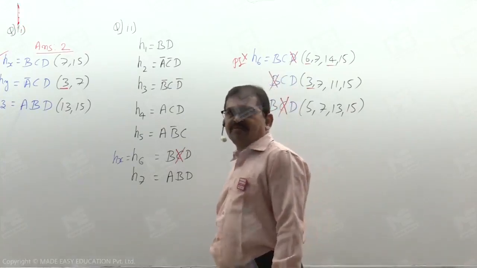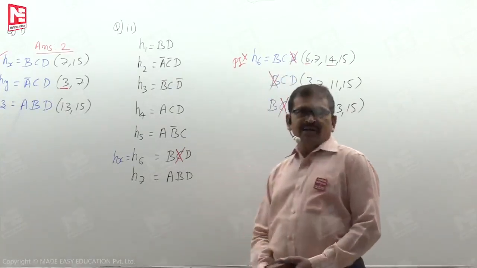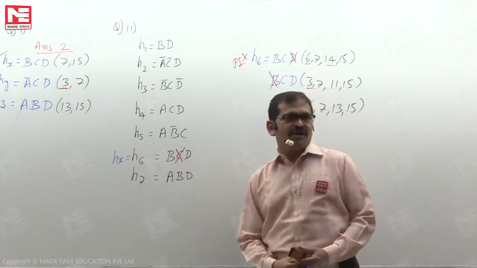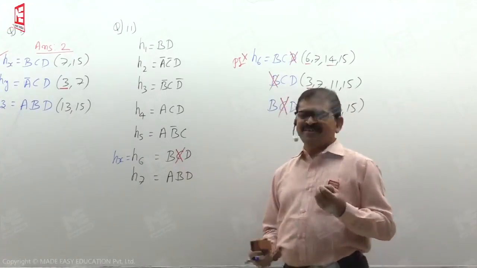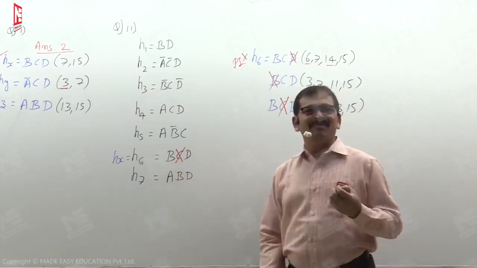The statement of the prime implicant is a smallest possible product term where removing any one of the literals is not possible. It is not a smallest possible product term.